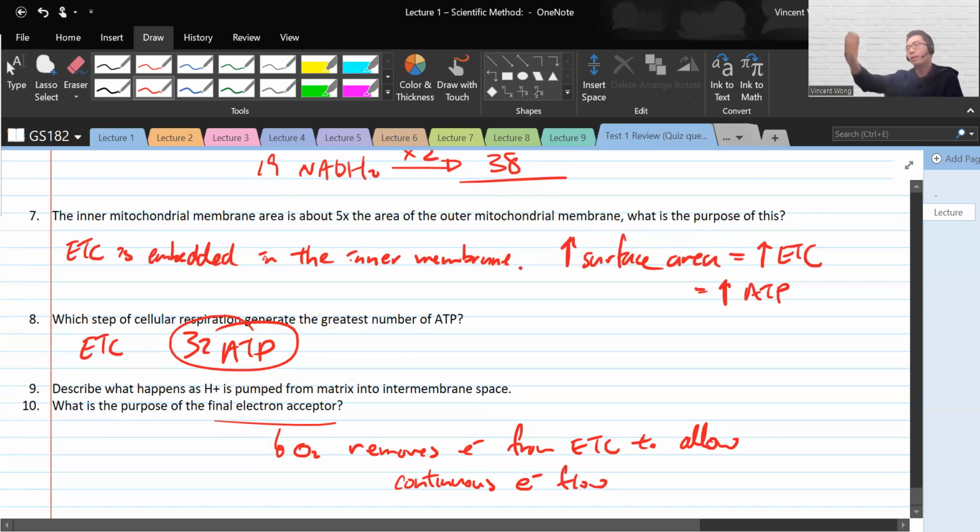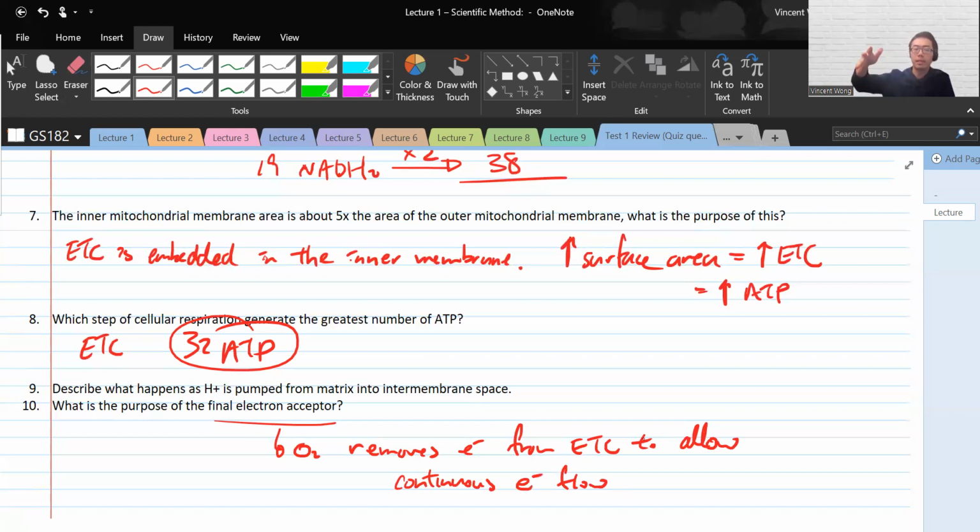If there's nothing there to remove the electrons, the whole ETC will get clogged up, you won't be able to deposit additional electrons, and you won't be able to pump H plus, and then everything stops.